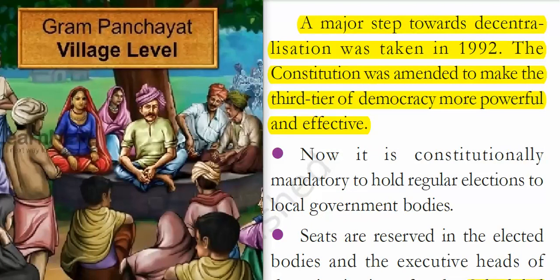A major step towards decentralization was taken in the year 1992. The constitution was amended to make the third tier of democracy more powerful and effective. Now it is constitutionally mandatory to hold regular elections to local government bodies such as municipalities and Panchayati Raj system.